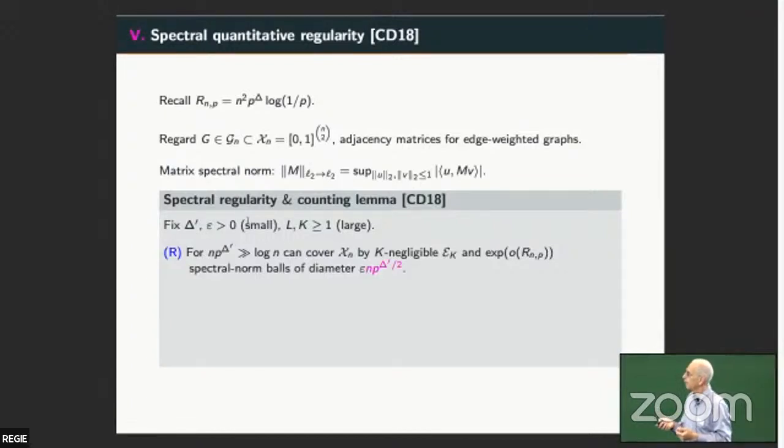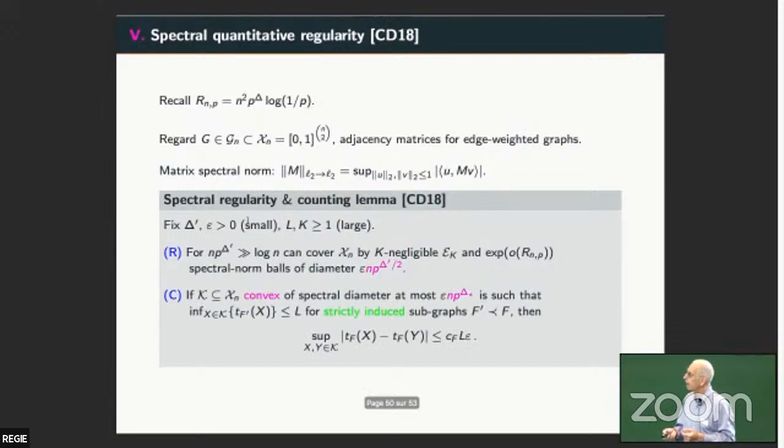And the second part, the counting part, says that if you have a set of some certain diameter, which has a certain property, that the count is not large on all the points, and violating this property is again a negligible set, then the functional that we are interested in is not changing too much in this set.